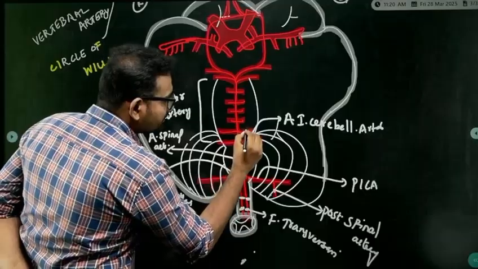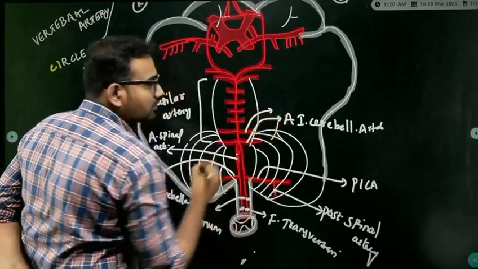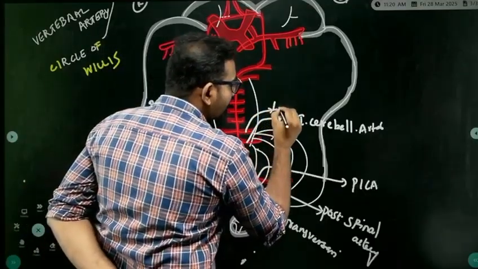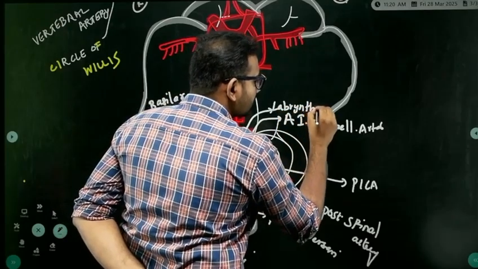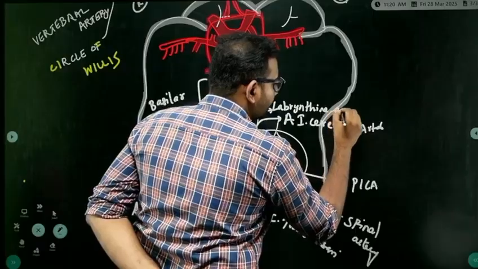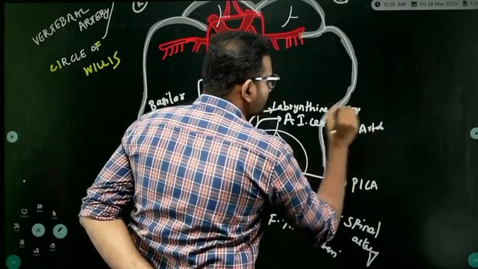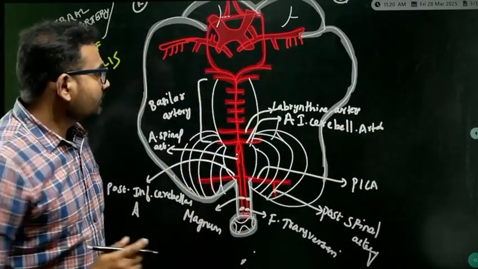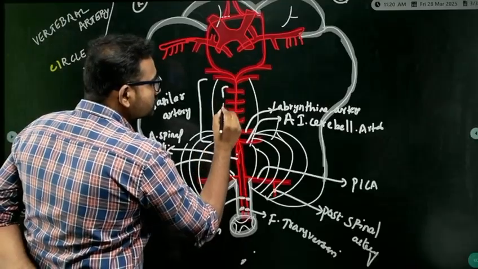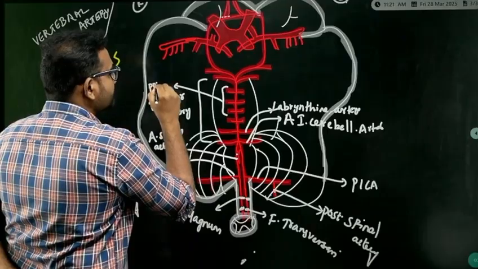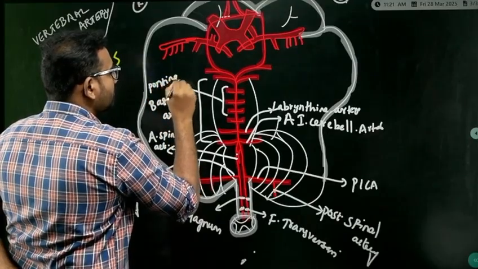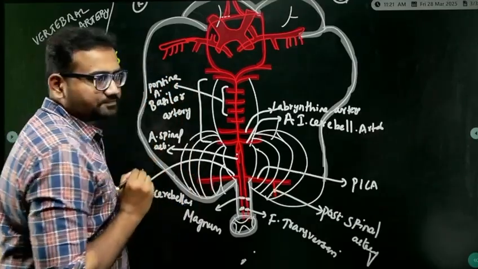Next, this branch is called the labyrinthine branch. This is the labyrinthine artery. And these small branches are the pontine branches, or the pontine arteries.